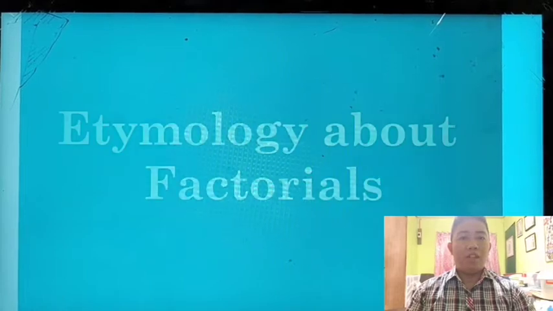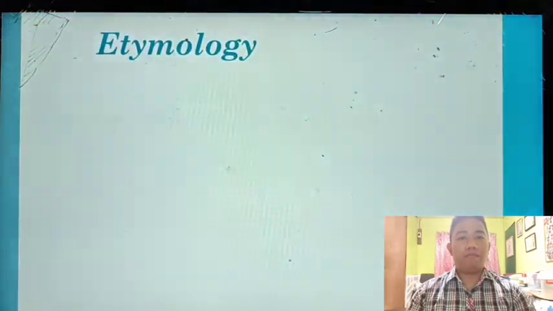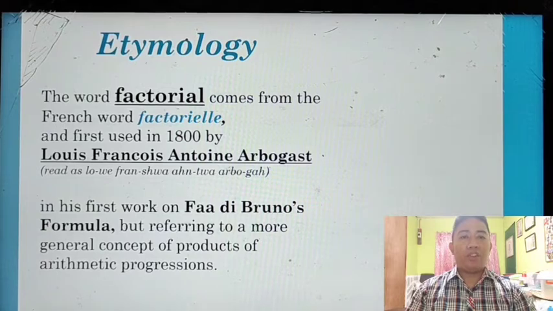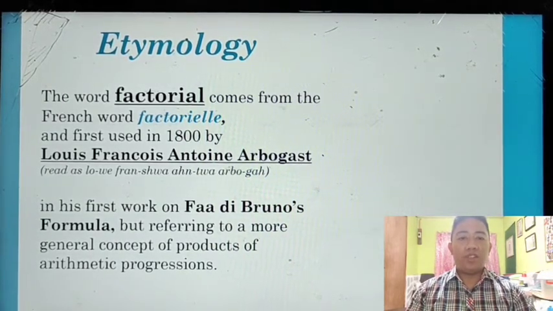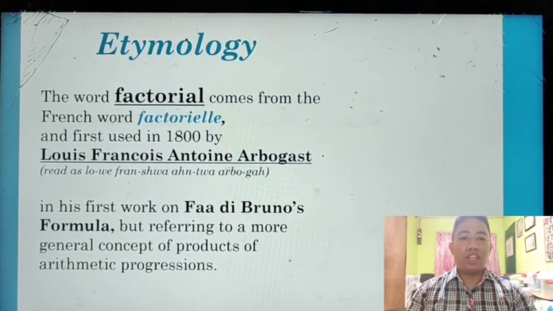To fully understand the basic concepts of factorials, let us begin with their etymology. The word factorial comes from the French word factorial, and it was first used in the year 1800 by Louis François Antoine Arbogast, in his work on Faà di Bruno's formula, but referring to a more general concept of products of arithmetic progressions.